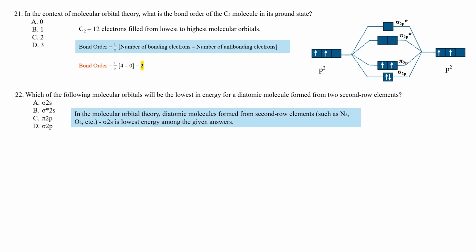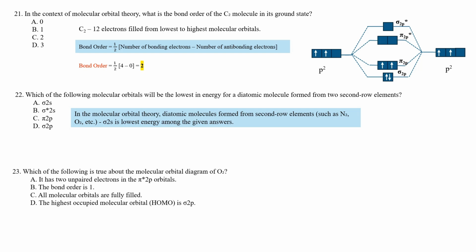However, among the given choices, sigma 2s is the lowest energy. So electron filling you can say sigma 1s, sigma star 1s, sigma 2s, sigma star 2s, and so on. So the lowest energy among the given choices is sigma 2s.